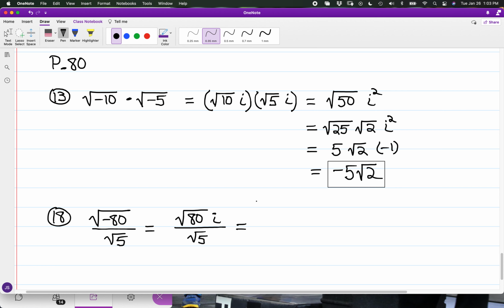And so this will become the square root of 16 times i, and that is reducible to 4i. Right. So again, with operations between radicals, if there's at least one complex radical, go ahead and express that complex radical in terms of i.